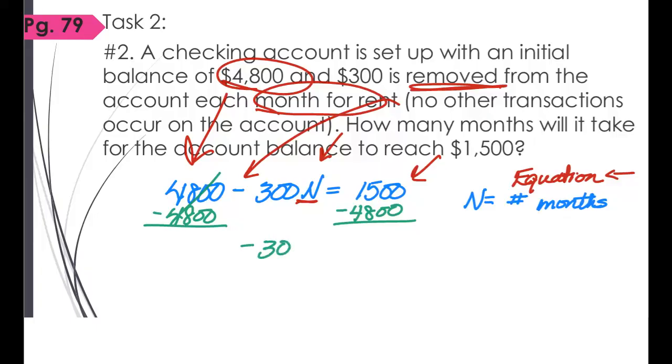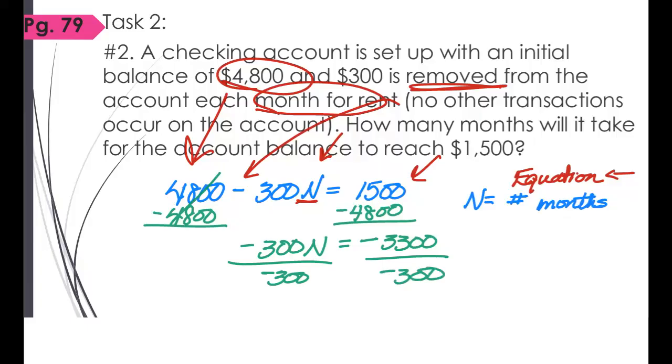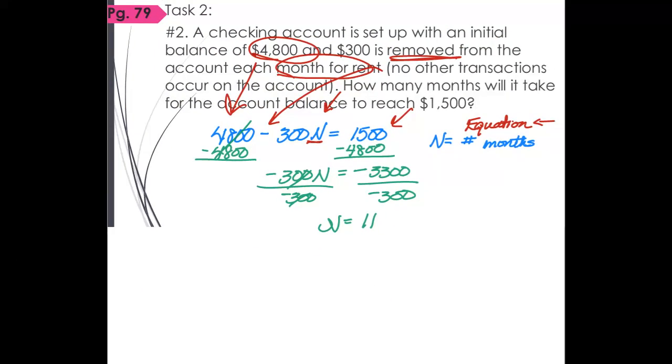So negative 300 times n is equal to negative 3,300. And this is where you divide by negative 300, divide by negative 300, and n is equal to 11. 11 what? Months.